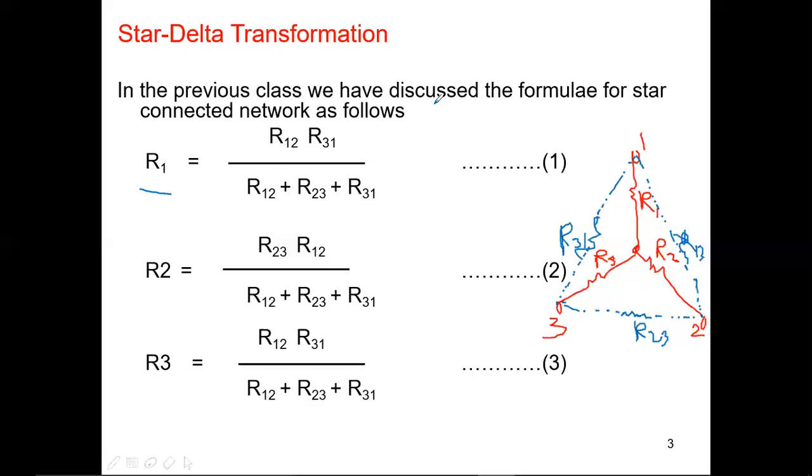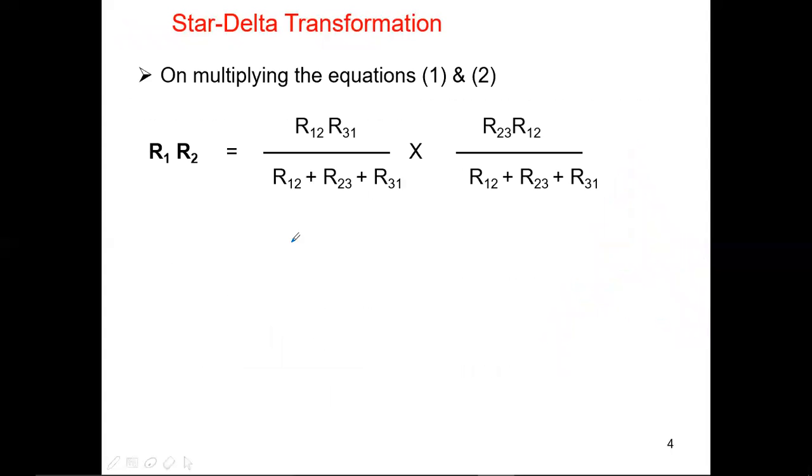On multiplying equations 1 and 2, meaning R1 and R2, you get this type of expression: R12, R31, R23, R12, R12, R23, R31 into R12, R23, R31.